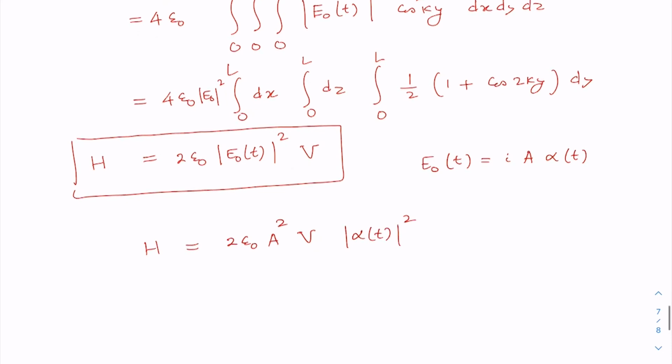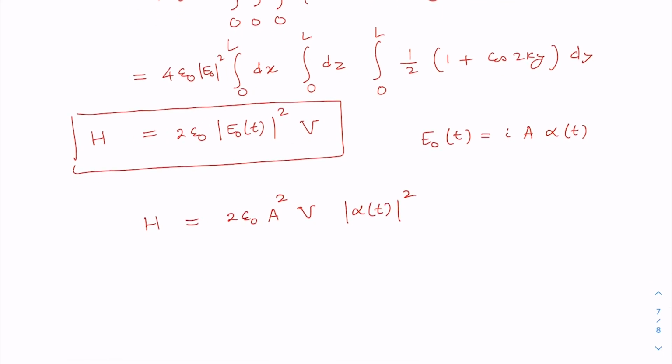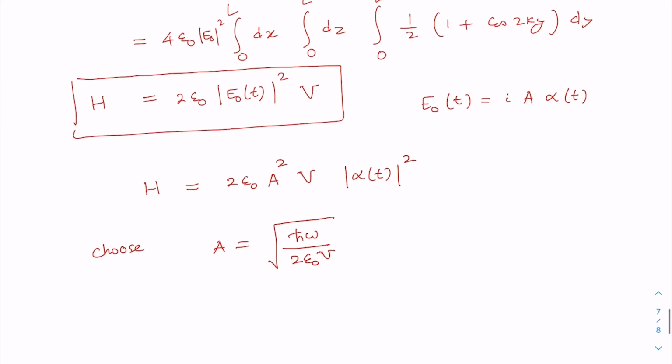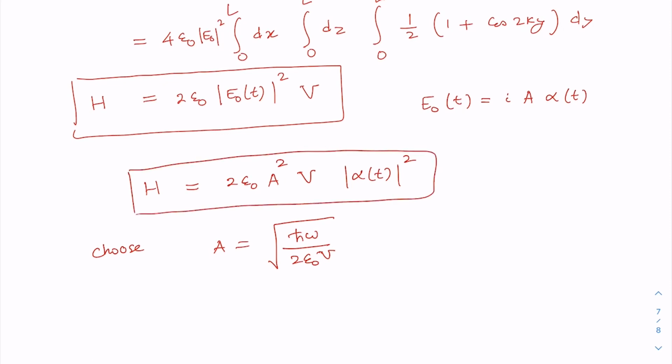Okay, now this constant A, let us choose it like this: A is equal to square root of h cross omega by twice epsilon 0 V, where V is the volume, also called the quantization volume. In fact, if you look at this expression here, then A refers to the amplitude of the field that has energy h cross omega in the volume of quantization V.